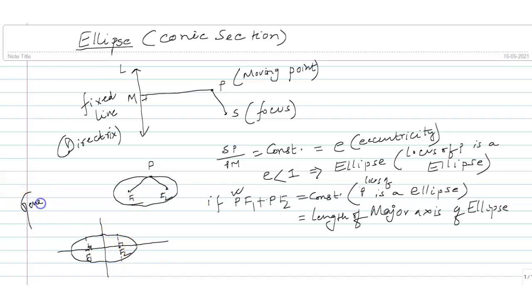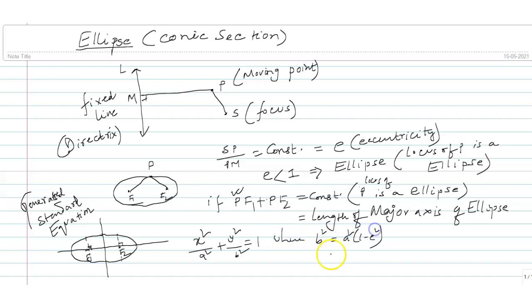I have to write the general standard equation. The equation is x square over a square plus y square over b square equals 1. This is the general standard equation, where b square is also expressed in terms of a square.